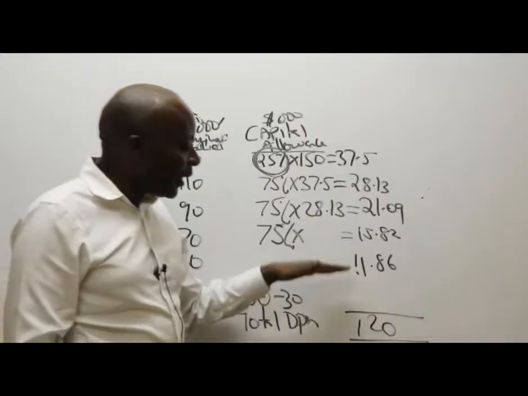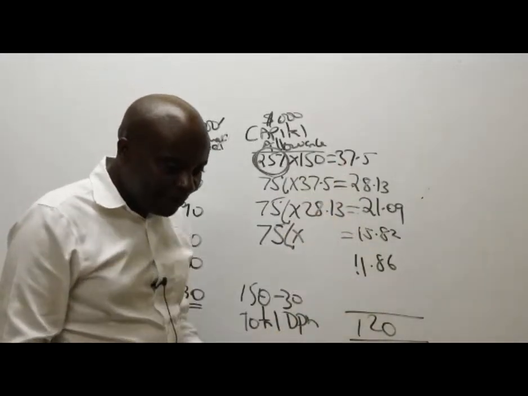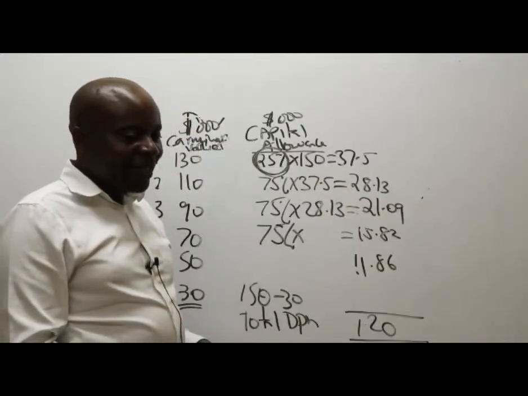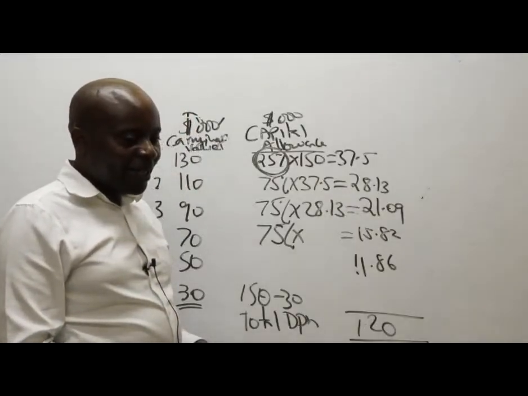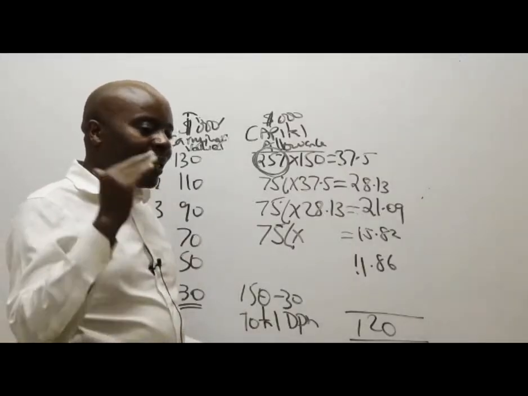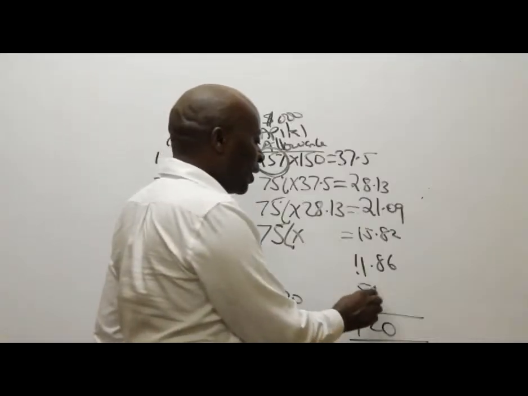So 120 minus this, minus this, minus this, minus this, minus this will give me what figure? Remember the last year, even if it's a capital allowance, the last year, you must exhaust everything.